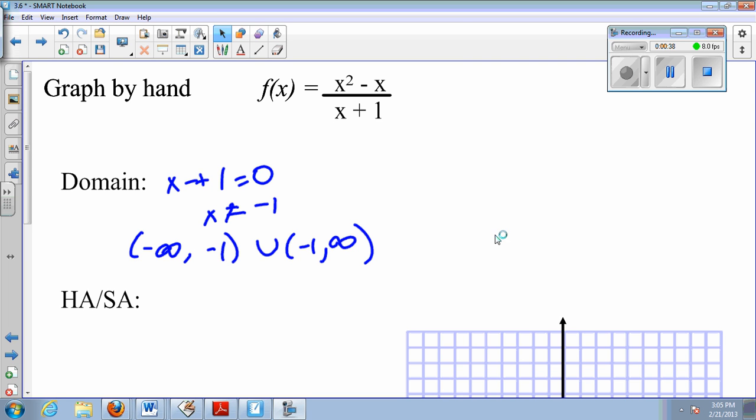For the horizontal or slant asymptote, we see that our degree is bigger in the numerator than it is in the denominator. So this means that we will have a slant asymptote.